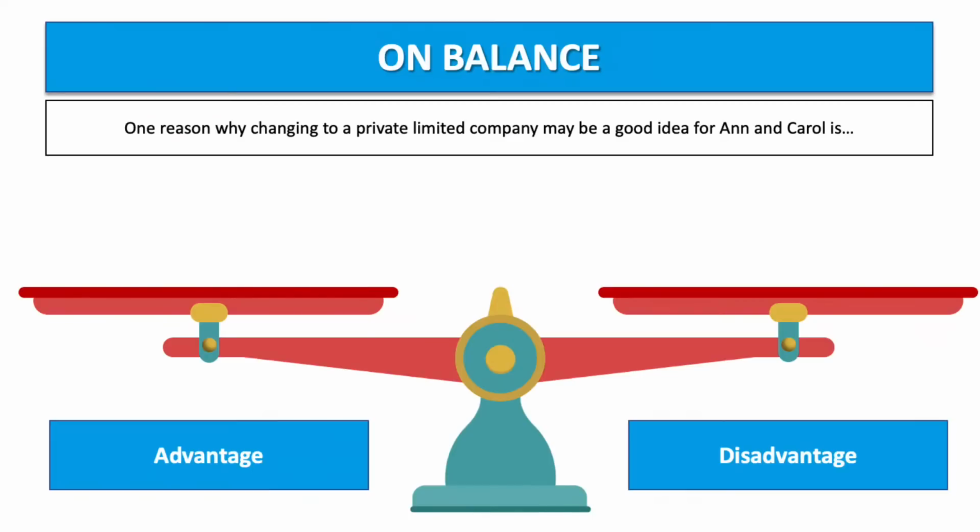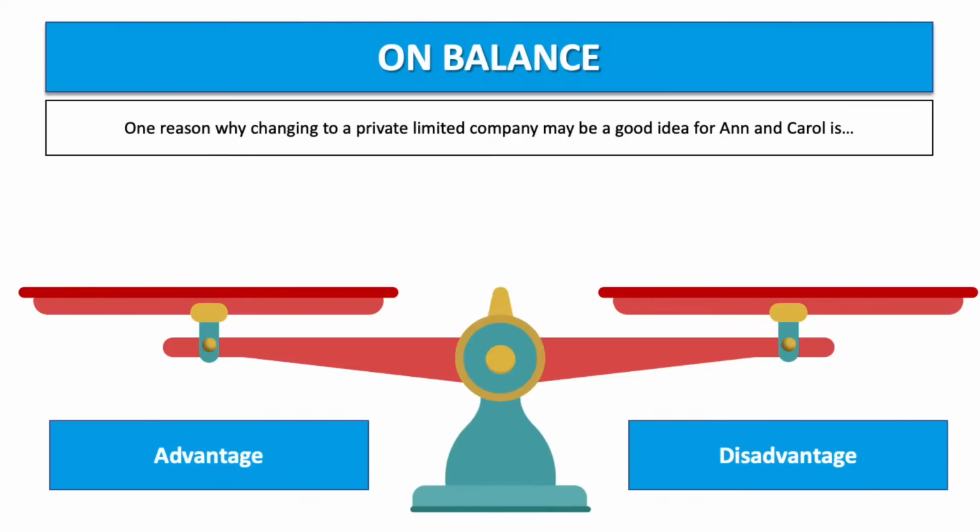Not quite sure perhaps why that would be an advantage. Raising finance is listed there. Almost all of the answers I've seen so far in the chat window, though, could be relevant for any business changing from a partnership to a private limited company. What we're looking for here is something specific or explicit use of the case study.